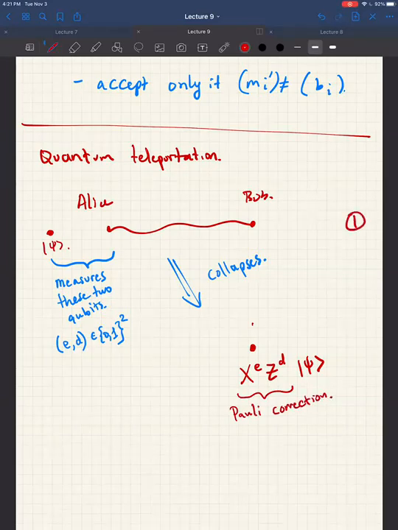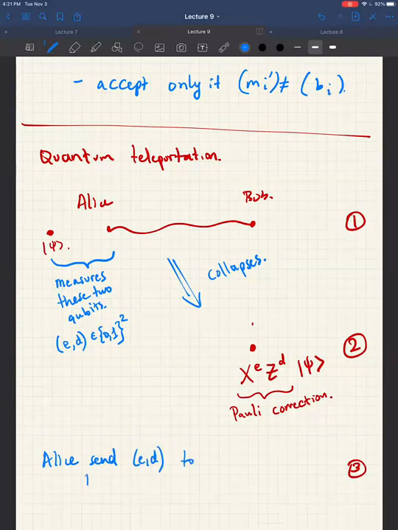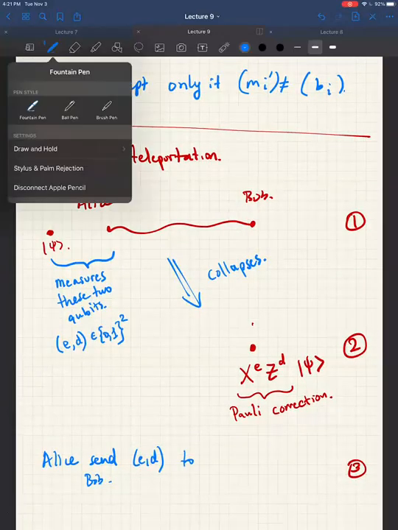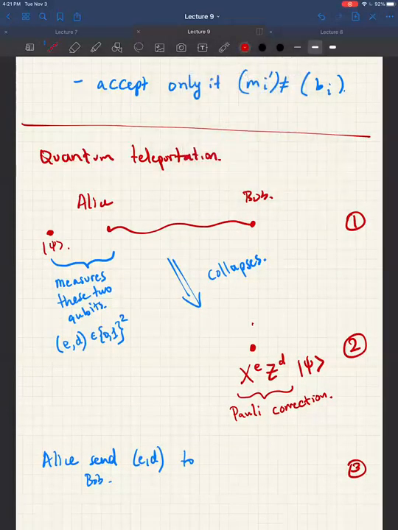So let's label this as step 1, this is step 2. And then in step 3, Alice is going to send her 2 bits over to Bob. And then Bob can undo this Pauli correction in order to recover the quantum state psi.